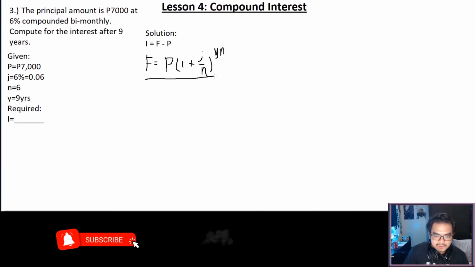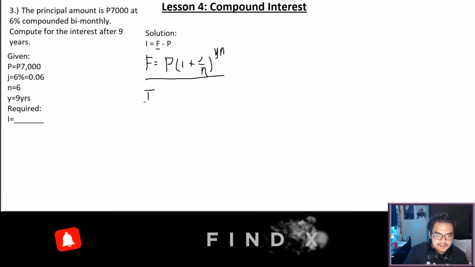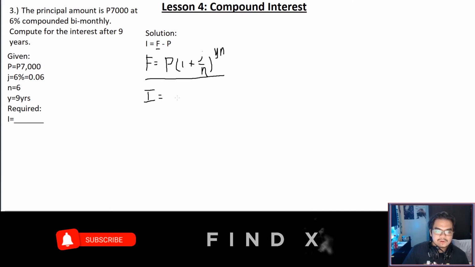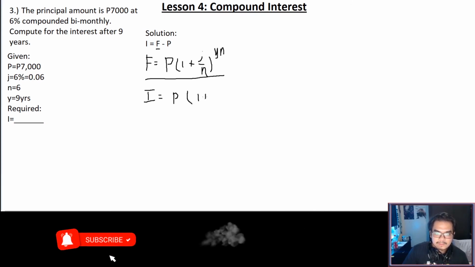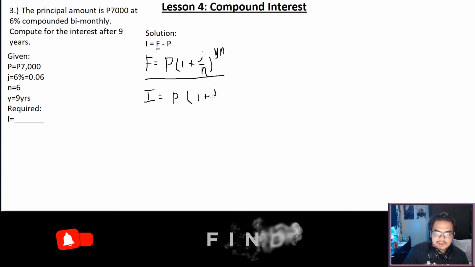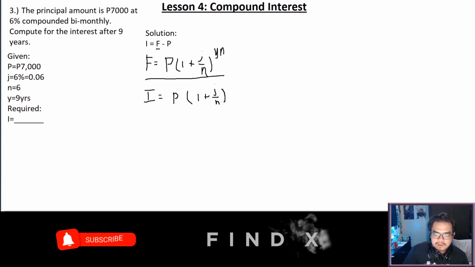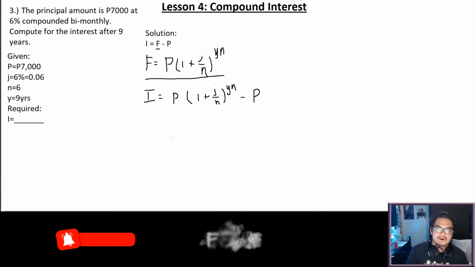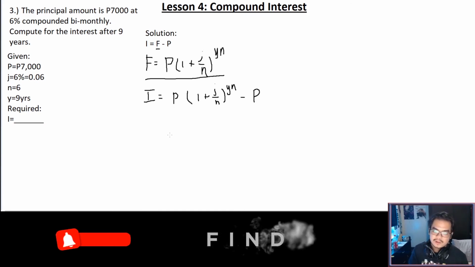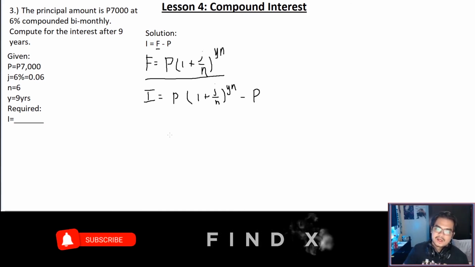Now, if I substitute this formula for F, I must be equal to P times (1 plus j over n) raised to yn. Don't forget the minus P. Then from that formula, all you have to do is substitute all the given.